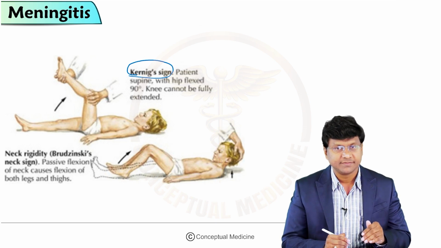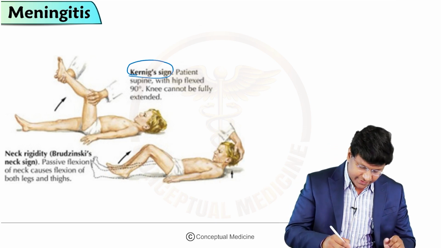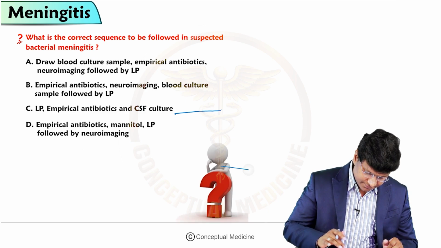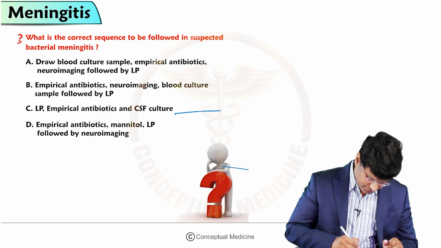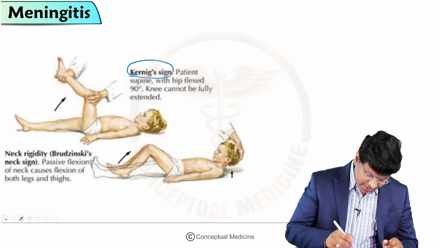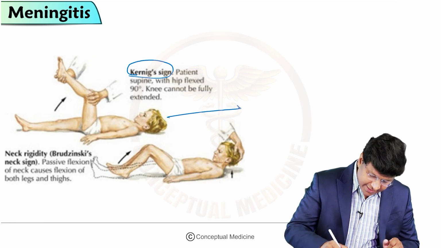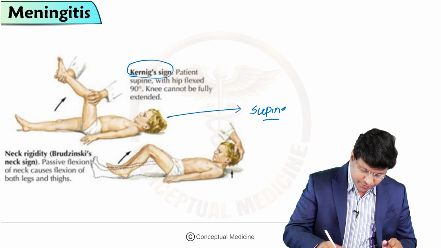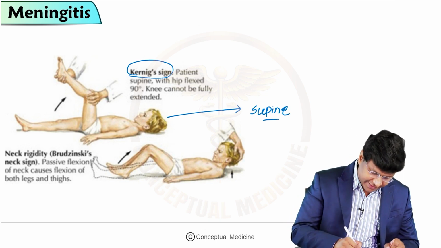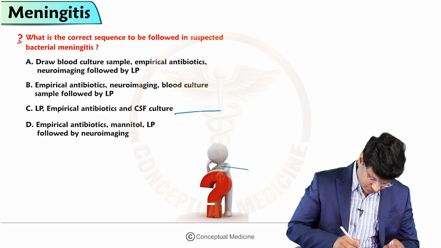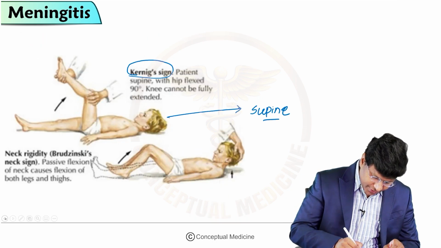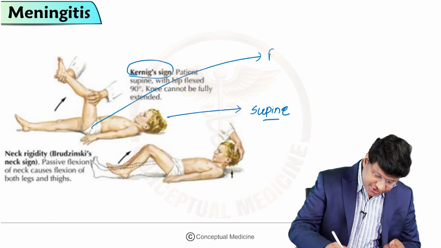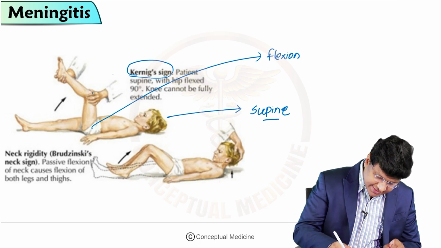For the Kernig sign, you have to place the individual in supine position. Then you need to do the passive flexion of the hip as well as the knee.